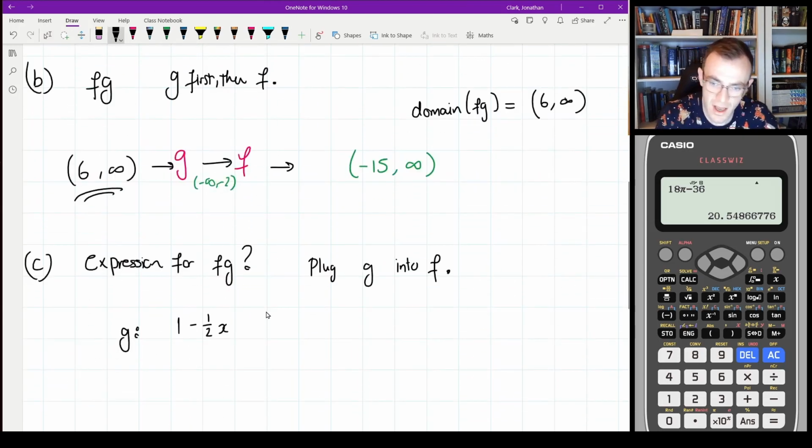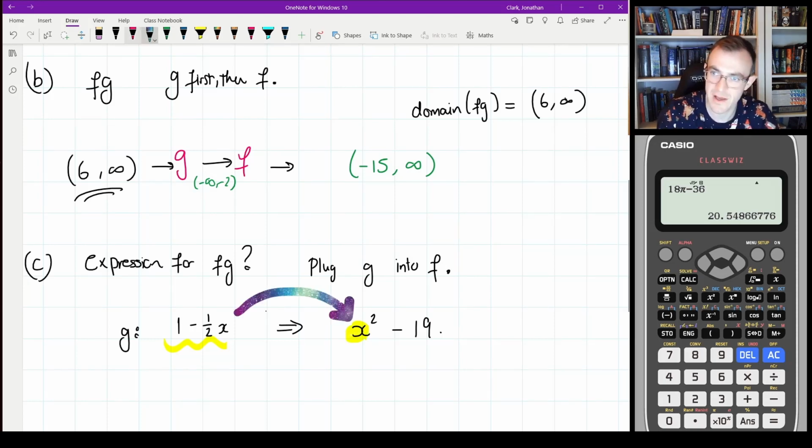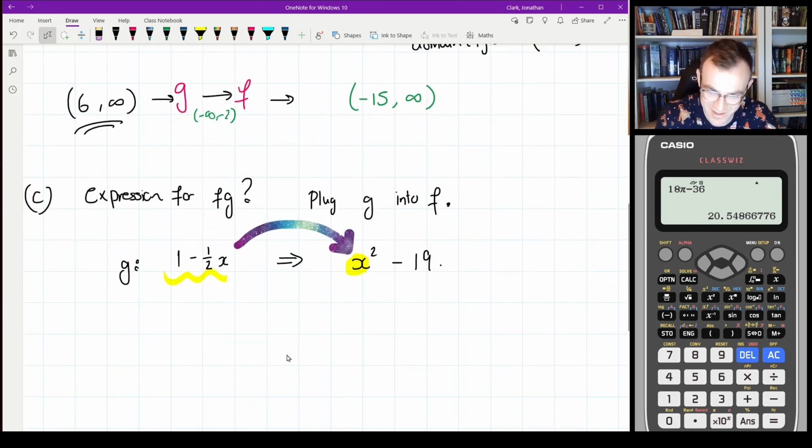Yeah, it was. And then that's going to go into x squared minus 19. So this entire thing here is going to go in place for the x there. So it's going to look as follows: 1 take away a half x, squared, take away 19. That's my expression fg.